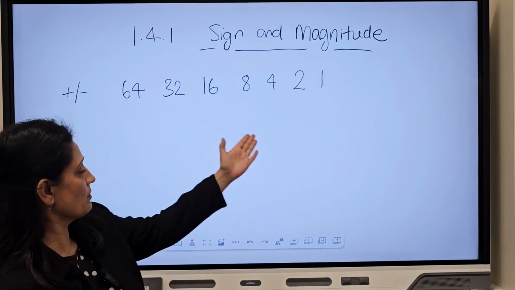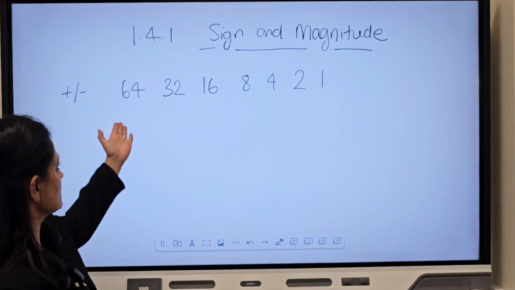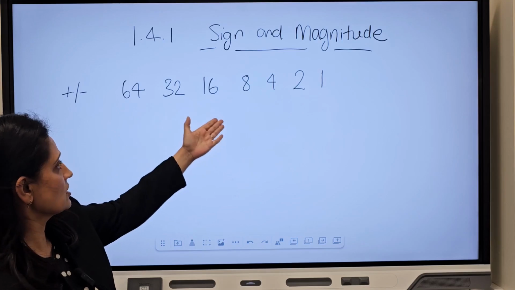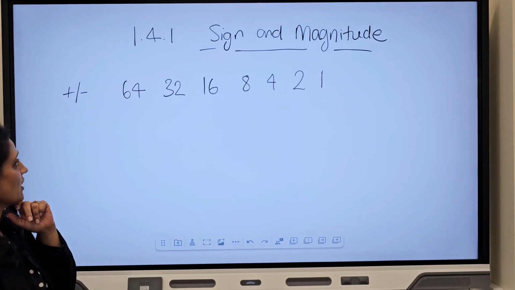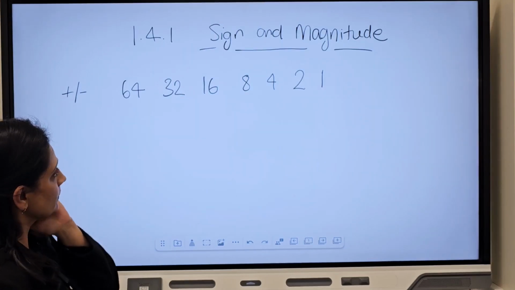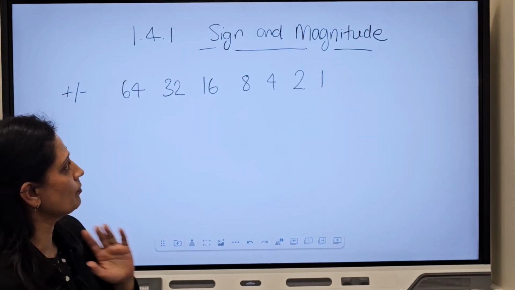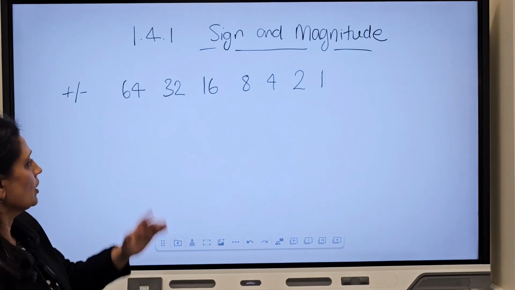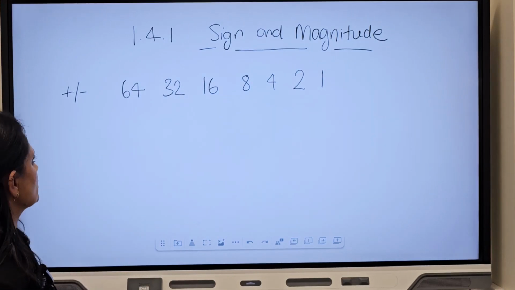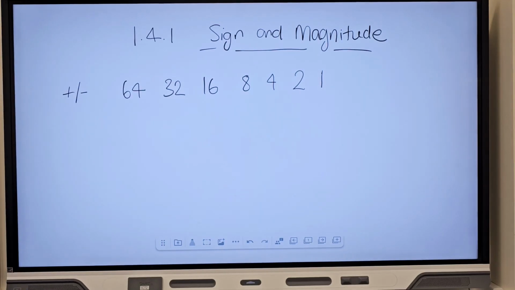The maximum you could represent here, 64 plus 32 plus 16 and so on, is 127. So there is a downside to this. However, we'll look at 2's complement, another technique, in the next video, but we'll focus on this even though there is a slight disadvantage when you remove the most significant bit.